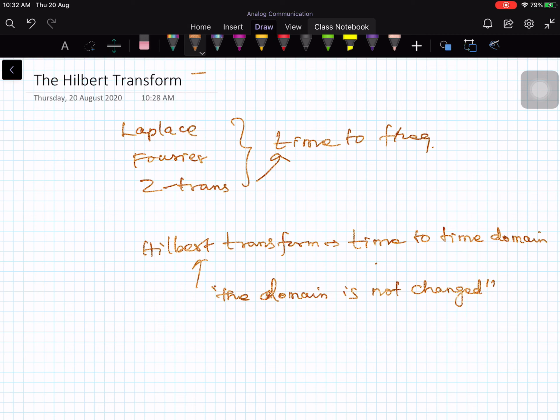The reason I am discussing this even before starting with the regular content of communication systems is that this transform is very useful for representation of certain kinds of signals which will be most commonly used, namely band pass signals. How do you represent band pass signals in terms of your baseband signals?